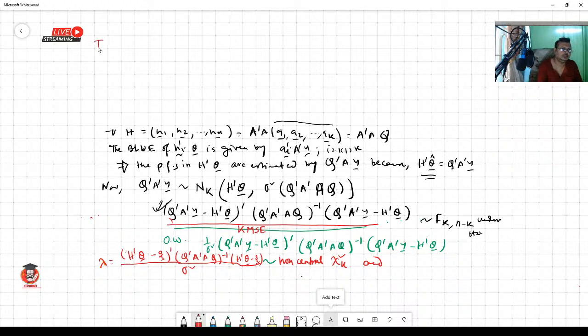Next theorem. Consider the linear model.